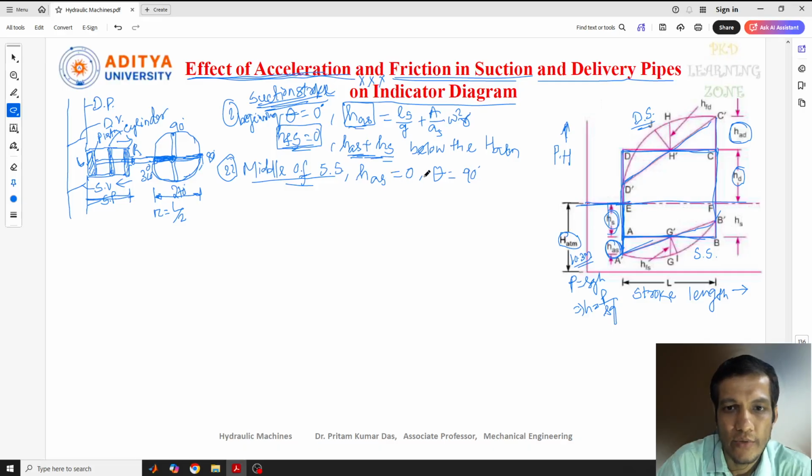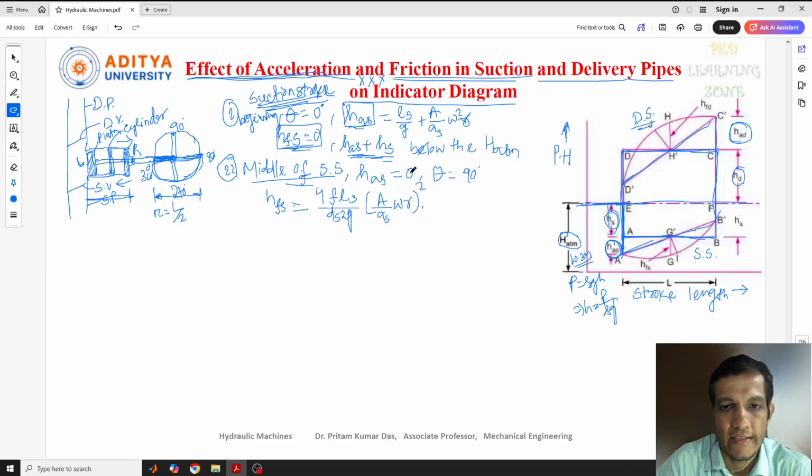Now here HAS value is 0, and HFS equal to 4 f Ls by Ds 2g, with Ls and Ds because of the suction. And the value of this is A by As, and this is omega R square. So this is the value of HFS.